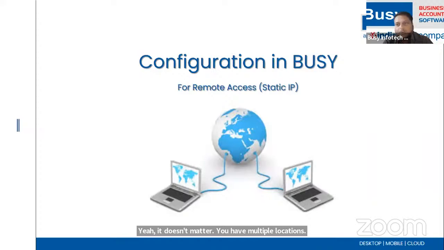So you have to configure one system as server, meaning the head office system as server, and all the other systems you have to configure as client systems. So one system you have to configure as the server system, like my head office in Mumbai, my server location in Mumbai. So all the configuration we have to do at the Mumbai location, because Mumbai is my server location.